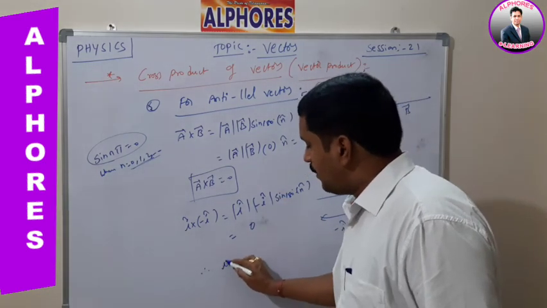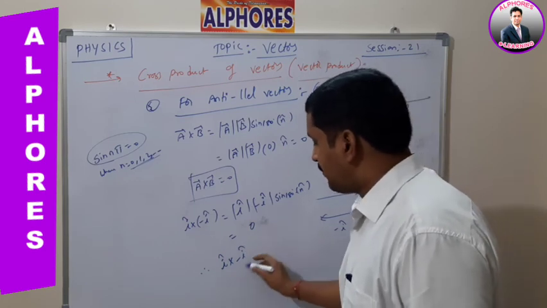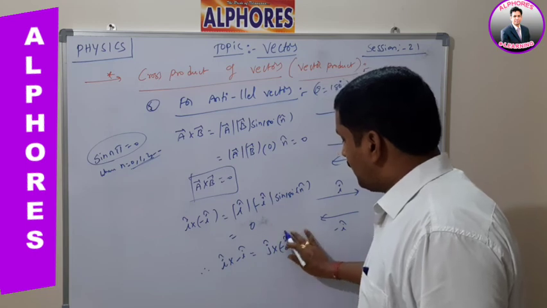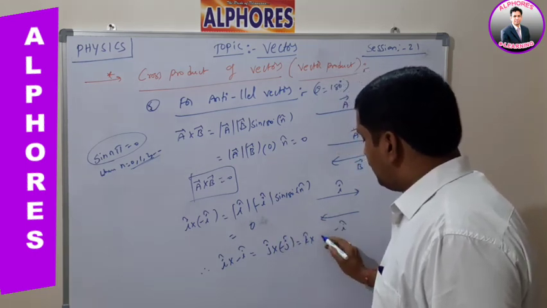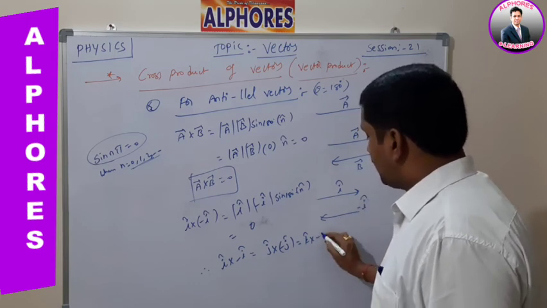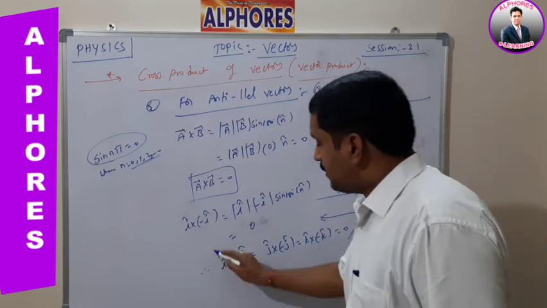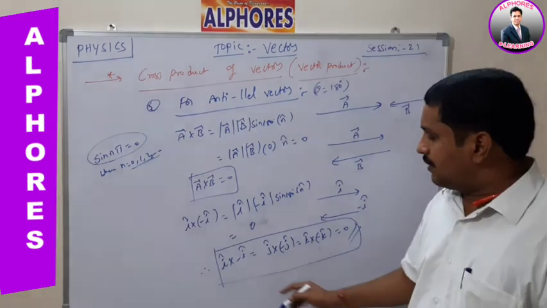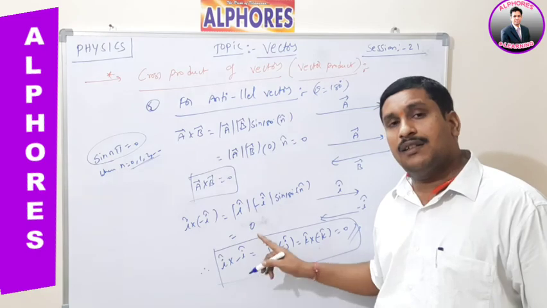Therefore, your conclusion: i cap cross minus i cap is equal to j cap cross minus j cap, and k cap cross minus k cap is also 0. That means the cross product of two parallel vectors and two anti-parallel vectors is always 0.